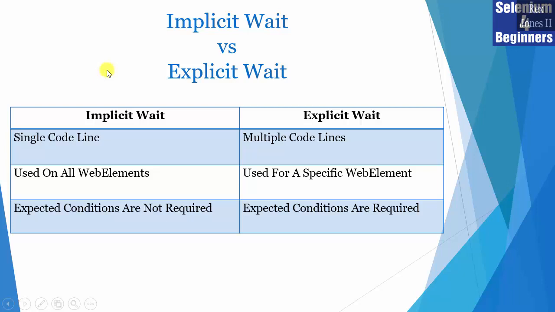There are at least 2 reasons for choosing explicit wait rather than implicit wait. The first reason is implicit wait can slow down our test. And the second reason is implicit wait can break explicit wait.